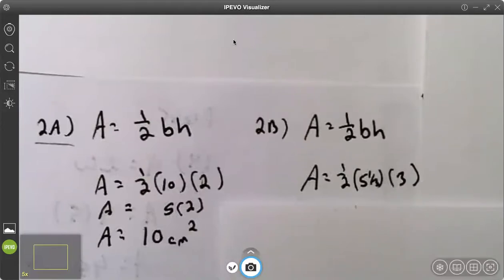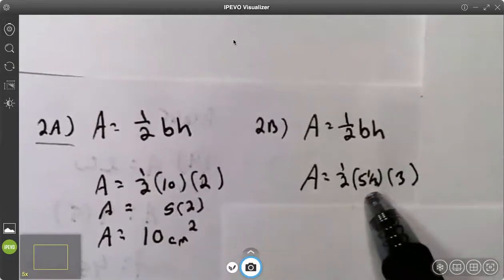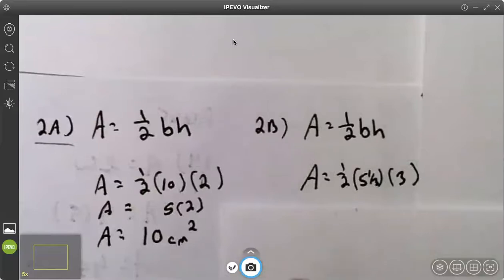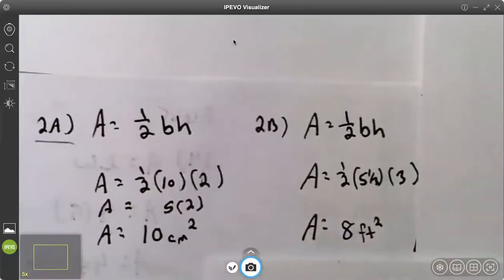If you don't have a scientific calculator, you can multiply two fractions together on paper, or you can just kind of round. 5 1/3, 1/3 would be 0.3 repeating, so maybe you could say 0.5 times 5.333 times 3, and that would give you the answer. However you get it, you should get about 8 square feet.